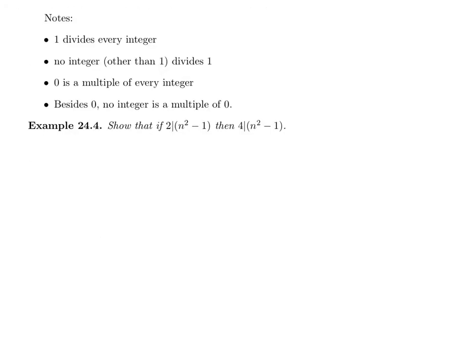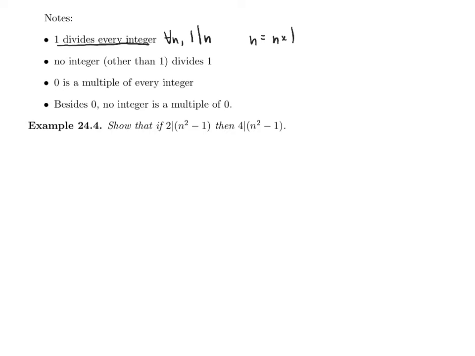A few small but very important notes here. And the first note I want to make is that 1 divides every integer. So 1 is a factor of n. Let's even say for all n, 1 is a factor of n, since you can always write n as n times 1.